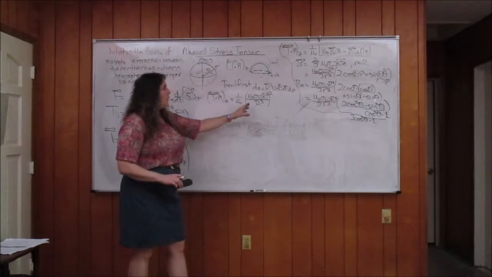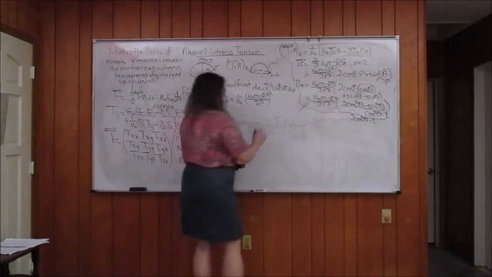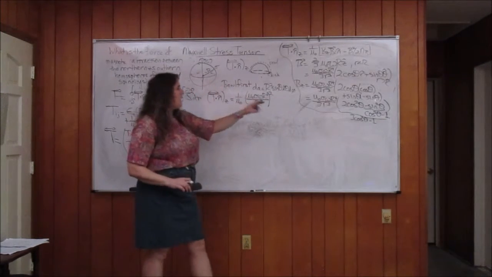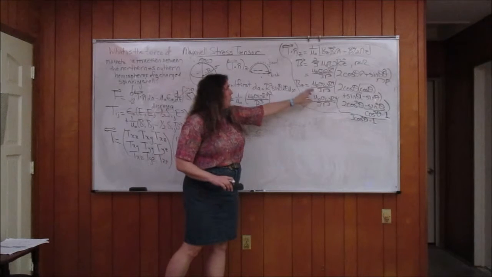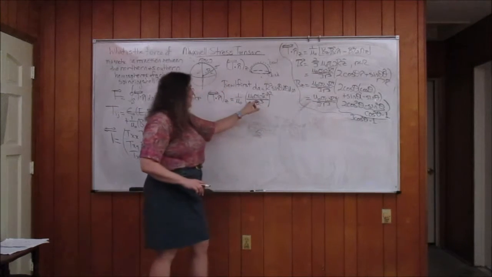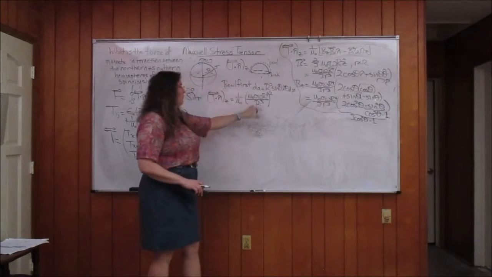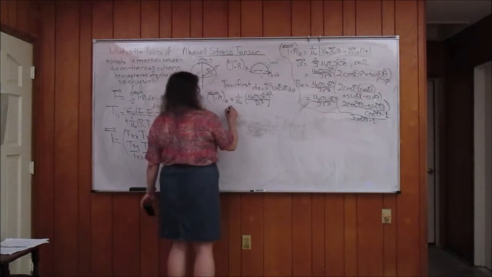Got a factor in common. Because I've got a BZ and a B, both of these quantities have a factor of mu naught sigma omega r to the fourth over r cubed, so I can pull that out. It's going to have a square out front.